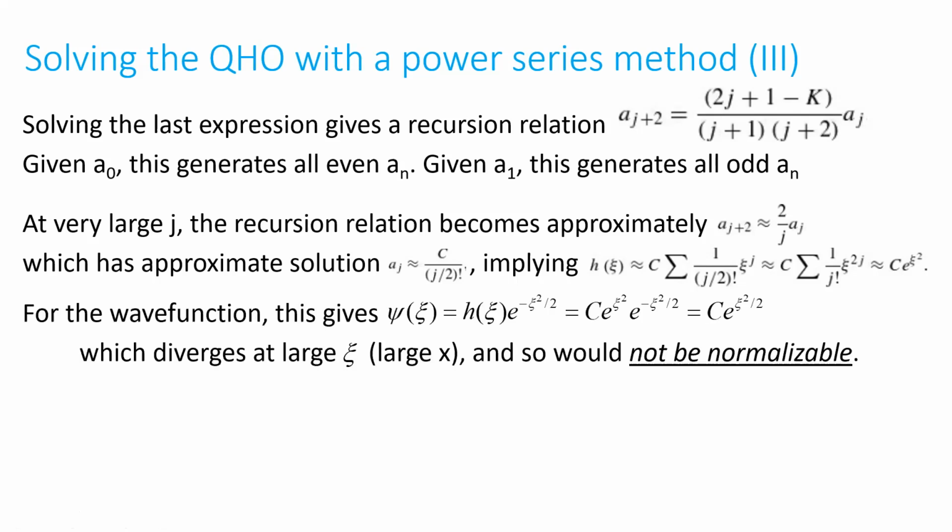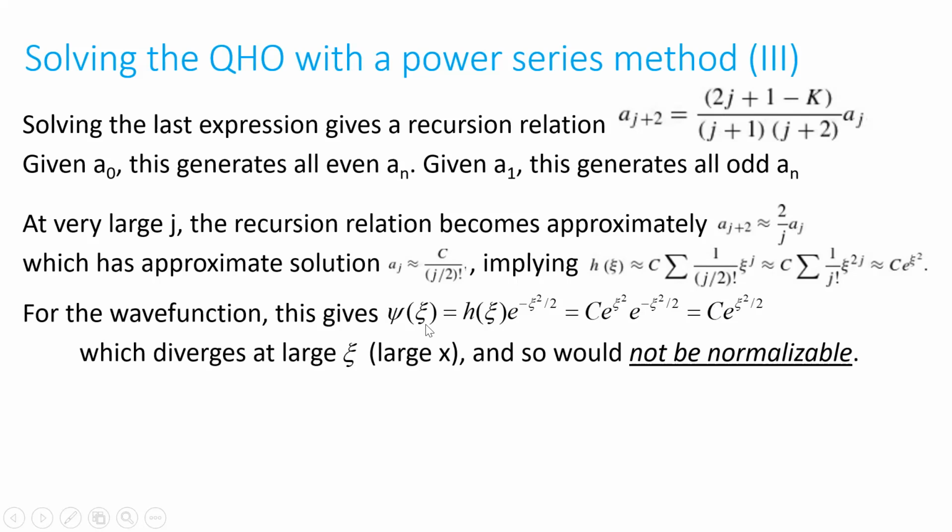So now, why is this important? Well, for the wave function, this gives psi. Remember, psi was equal to h times this asymptotic factor which we pulled out, e to the minus psi squared over 2. So given this expression for h for very large j, that would be c e to the psi squared, e to the minus psi squared over 2, which is e to the psi squared over 2.